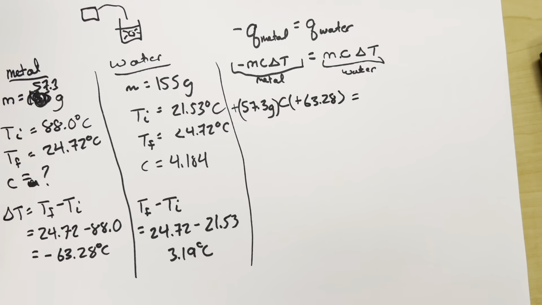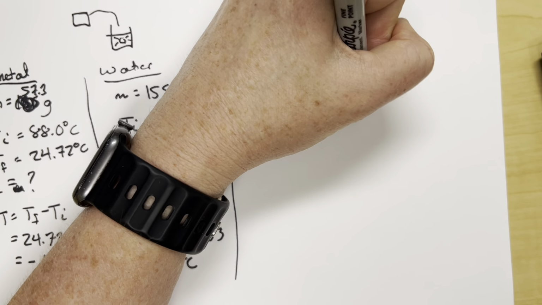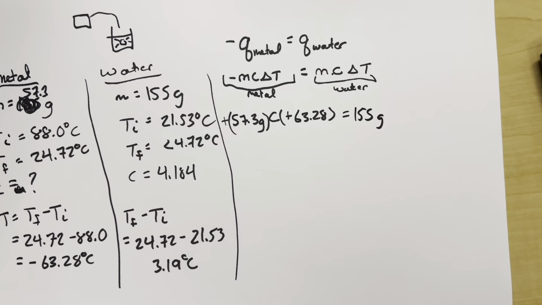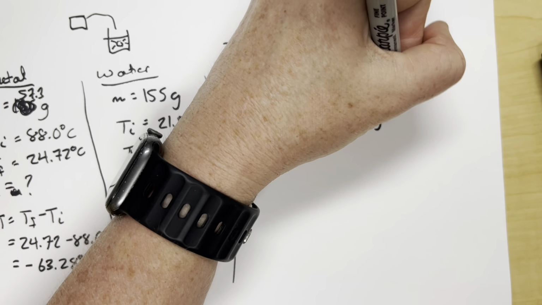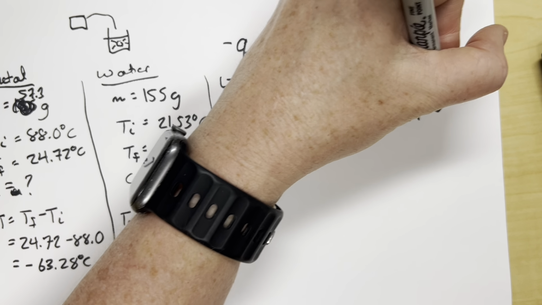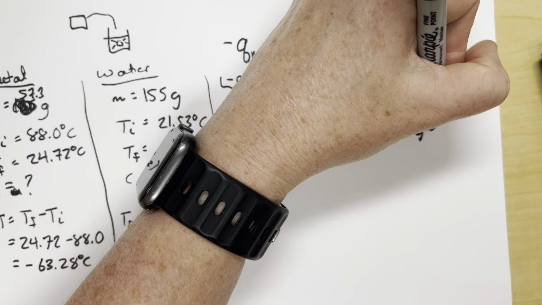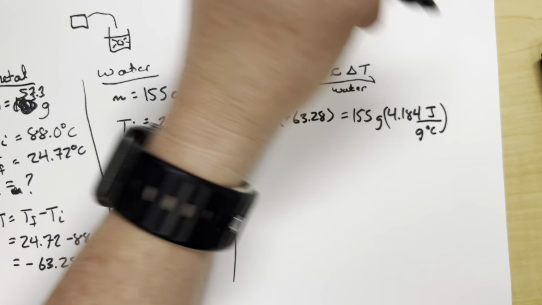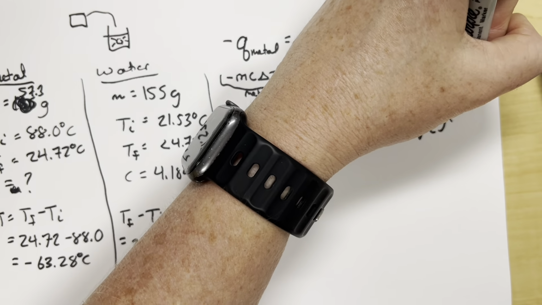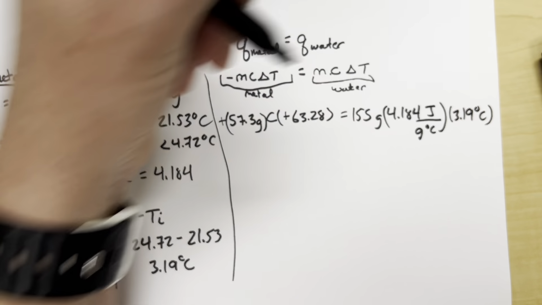We set that equal to the mass of water, 155 grams, times the C of water, 4.184 joules per gram degree Celsius, times its temperature change of 3.19 degrees Celsius.